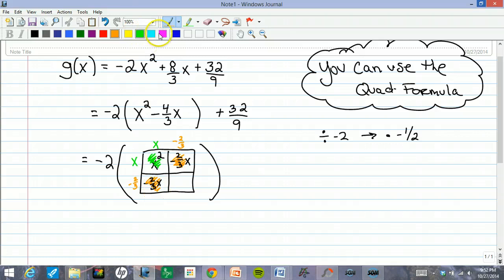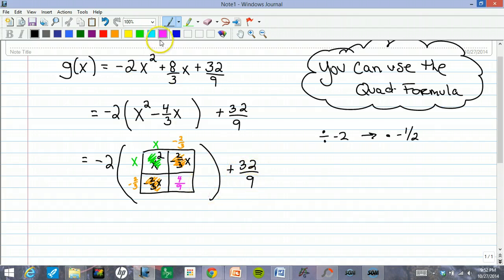And here we go. Now we complete the square. We need to add row times columns. Negative times a negative is positive. 2 thirds times itself is 4 ninths. Great. So we need to add 4 ninths. Let me copy down this 32 ninths.